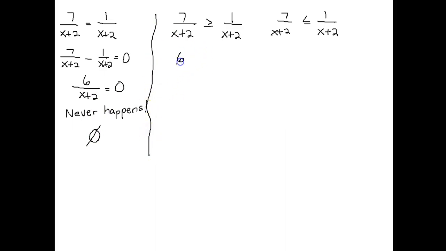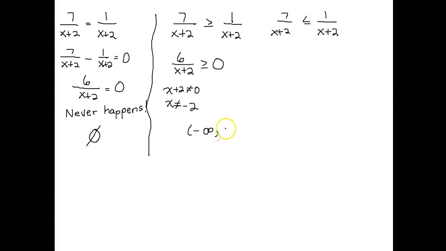But we can still work on the inequalities because you do have the fact that x plus 2 can't be 0. So you do have a vertical asymptote, and you can observe what the behavior is on either side of your vertical asymptote.